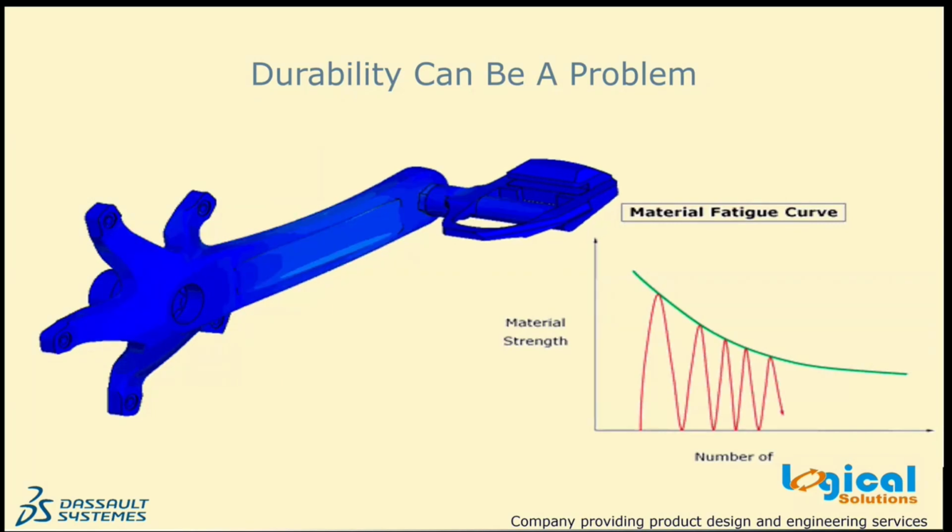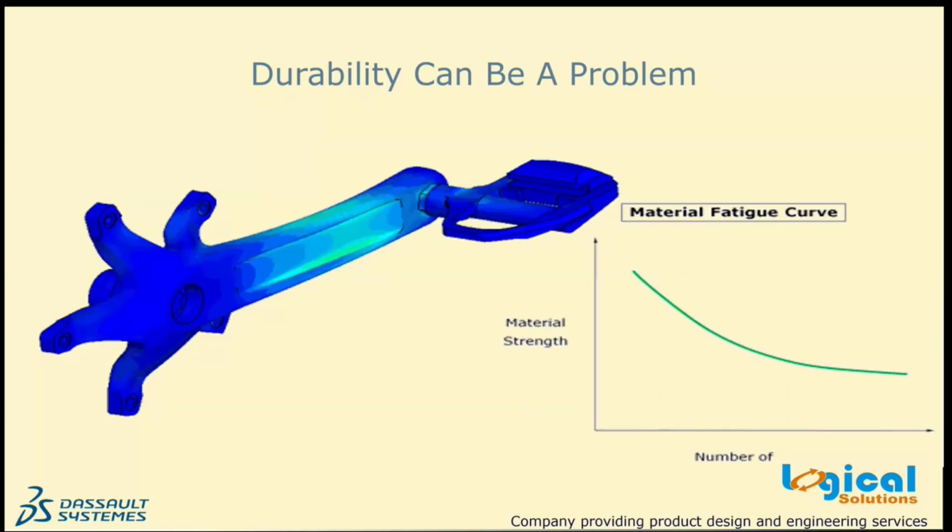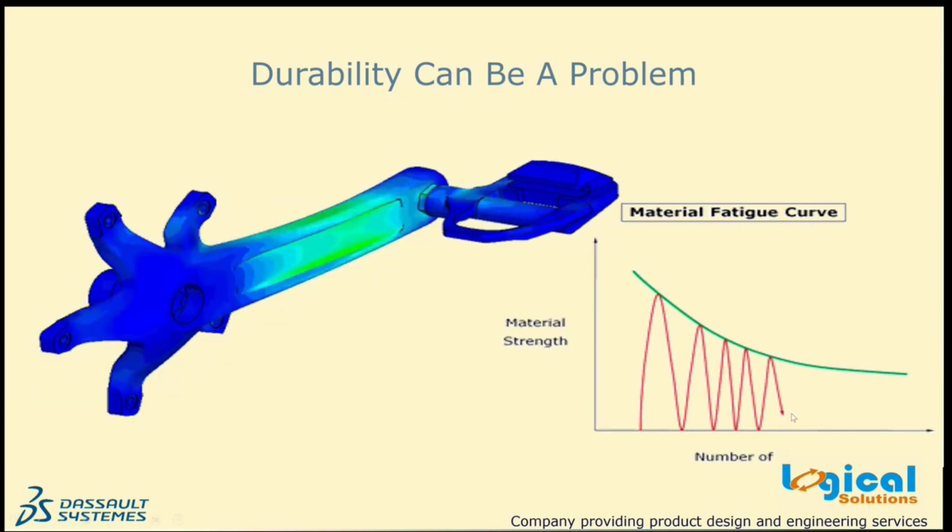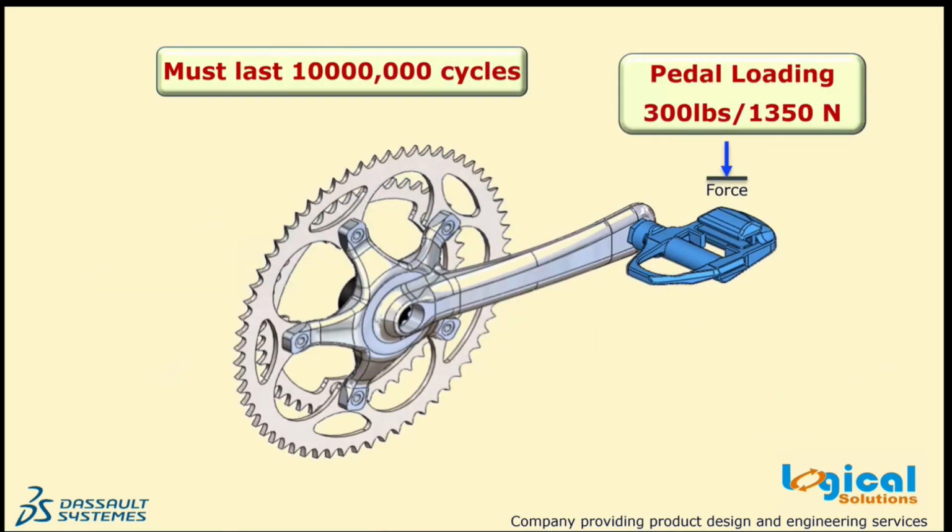So let us go into SolidWorks and see how we can set up a study, structural analysis, in a hands-on session. Now you can see in this study we are applying a force of 1350 Newton. You can also apply pressure, but force is a convenient way of applying.